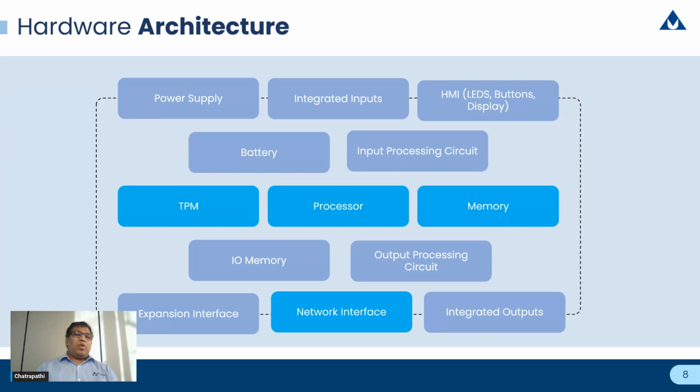So the processor and memory and the trusted platform module and network interfaces. At first glance, you can see that these are all very generic hardware components. You don't see anything specific or anything customized here. So a lot of the hardware platforms already have these components, and any of your existing controllers may already have these components as well.